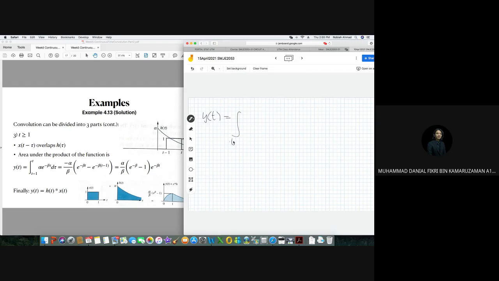T minus 1 dengan T, alpha E minus beta tau D tau.